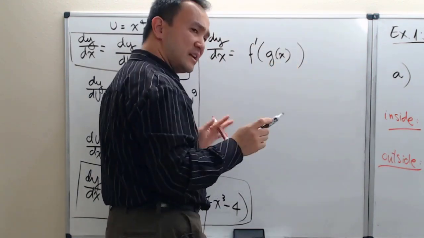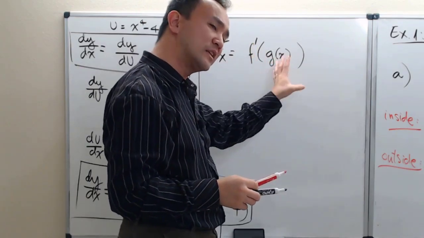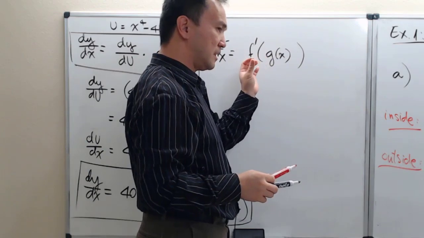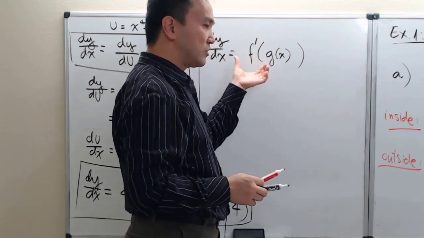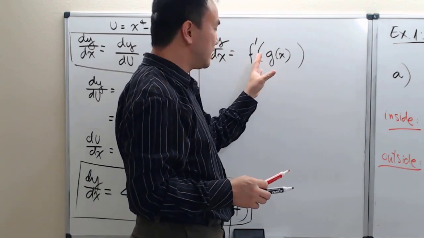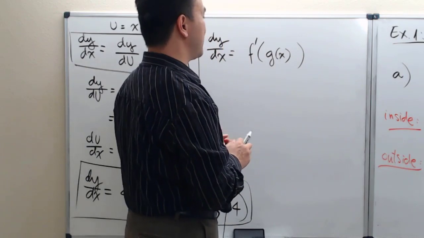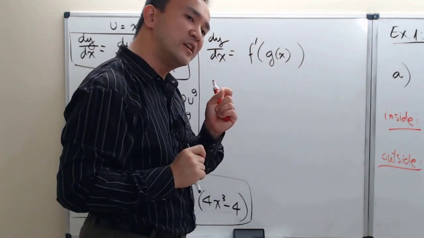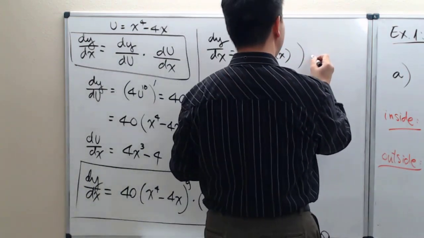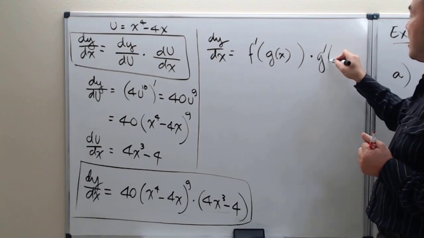So in some cases, using this formula is a little more direct, but it takes a little more time to understand. It does require anyone who proceeds with this formula to be a little more fluent in understanding the concept of composition of two functions. But if you can understand that concept just fine, then going with this formula is actually a little more direct. So that's now multiplied with g prime of x.